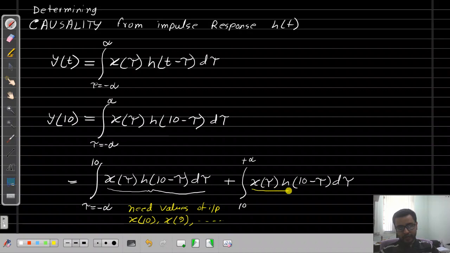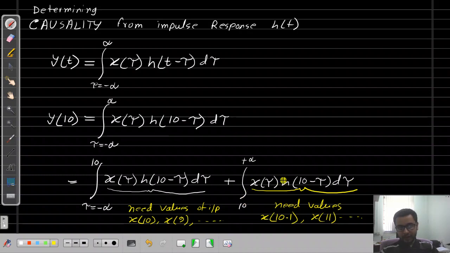But to calculate this part of the integration, you need values like x at 10.1, x at 11, everything, because it starts from 10 and goes up to infinity.